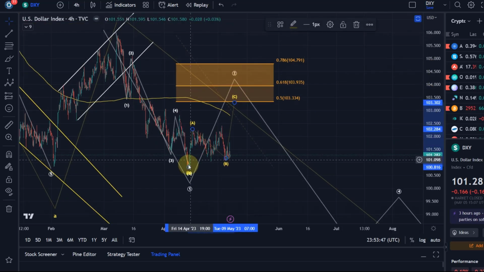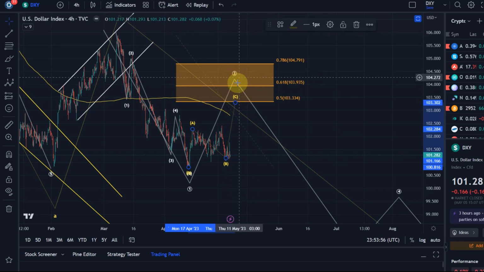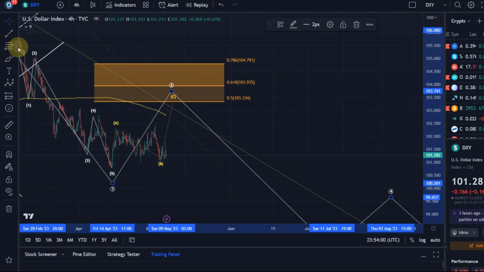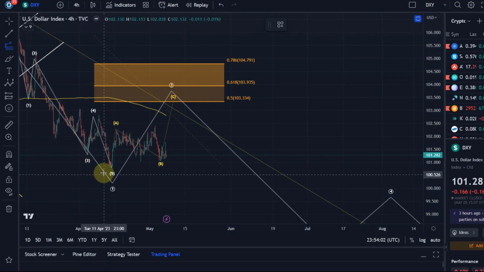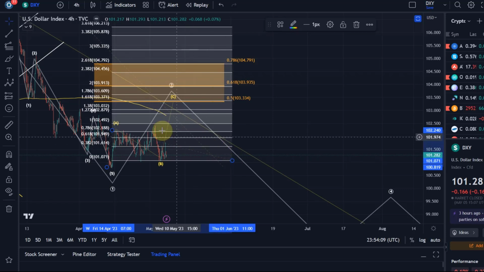We already have an A wave complete. We have a B wave complete, as it seems, and we could now get that C wave that might hit this area. This would be a target. The thing is, we might not even get there if I look at the length. So we can calculate that a bit more accurately by taking the length of the A wave, go to the low of the B wave, and then we're looking for the 1-to-1 ratio as a first target.